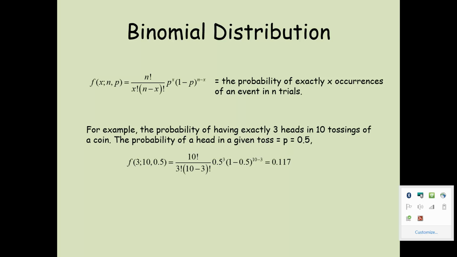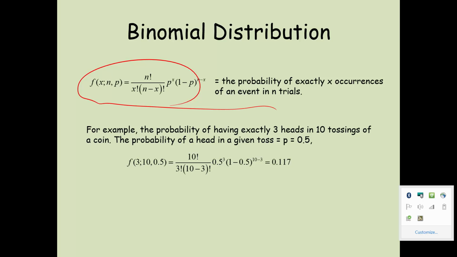A very simple example application of the binomial distribution, and here I talk again about what this function means. An example would be the probability of having exactly 3 heads come up in 10 tossings of a coin. So you take a penny and you toss it 10 times. What's the probability that you get 3 heads in the 10 tossings? Now there are a number of ways in which those 3 heads can come up.